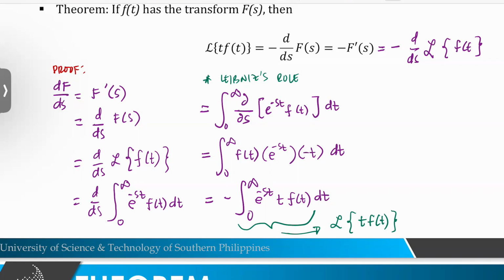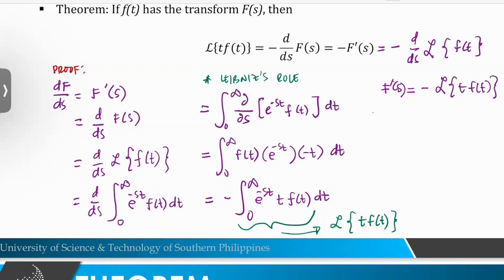So, moving on, we know that this whole expression, class, ako nang i-write hagikan sa tong first expression here, that is f prime of s, no, is equal to the negative of the Laplace transform of tf of t. Okay?